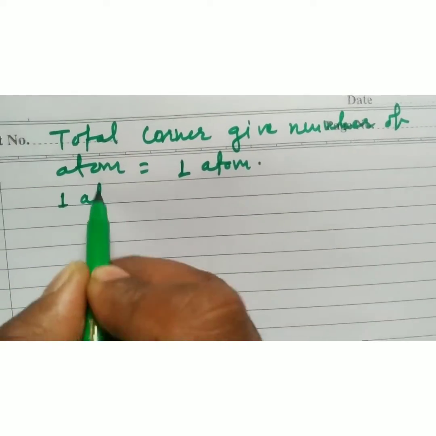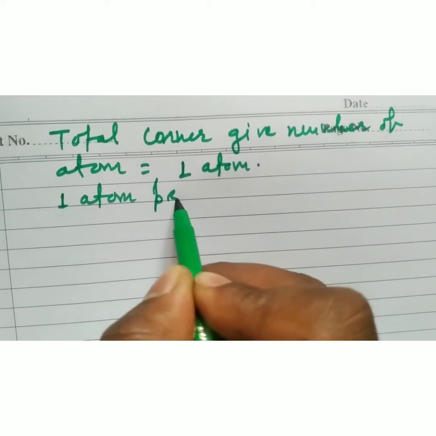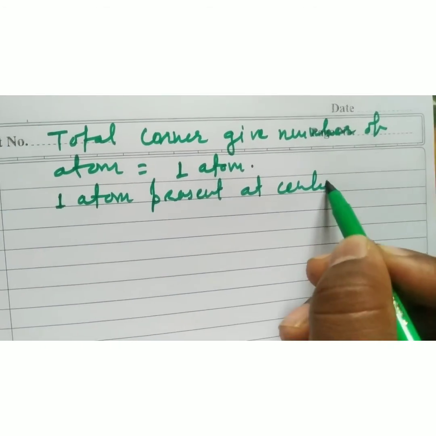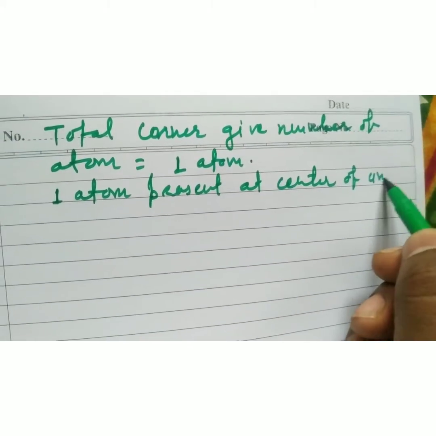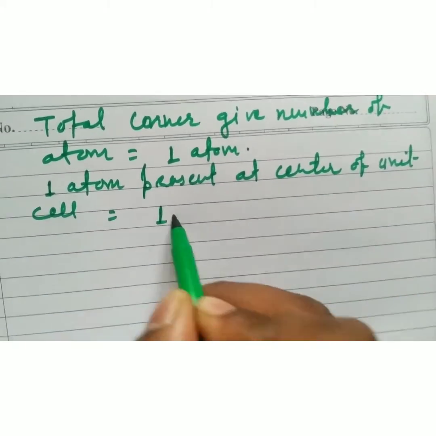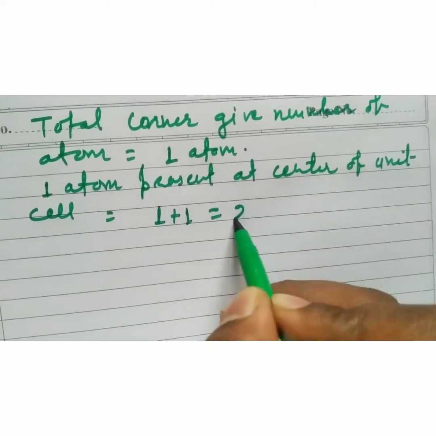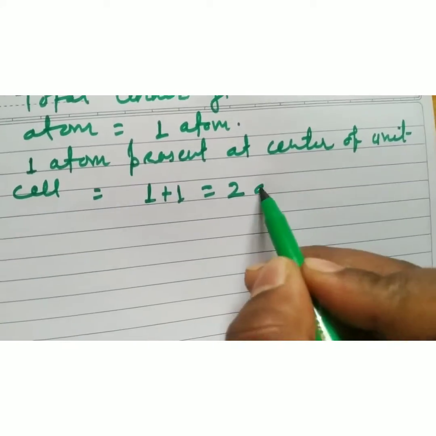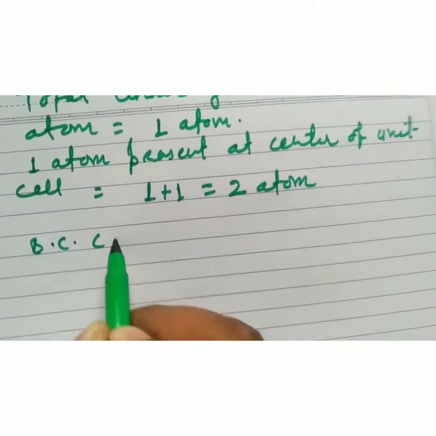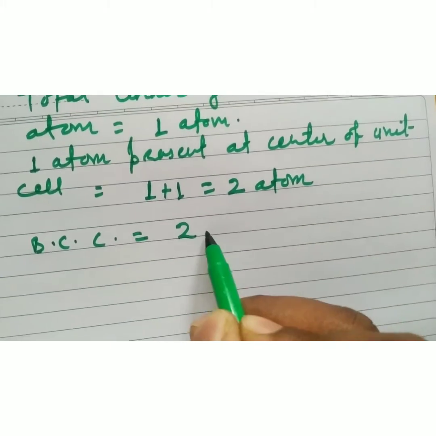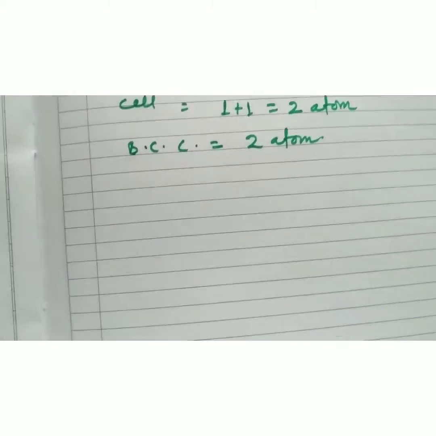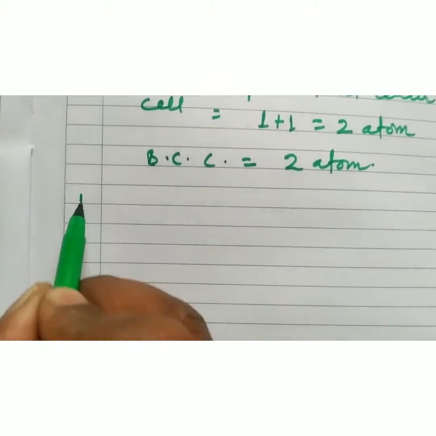And 1 atom is present at the center of the unit cell. So total 1 plus 1 equals 2. So BCC has 2 atoms. Clear?